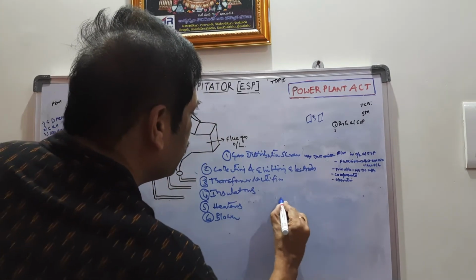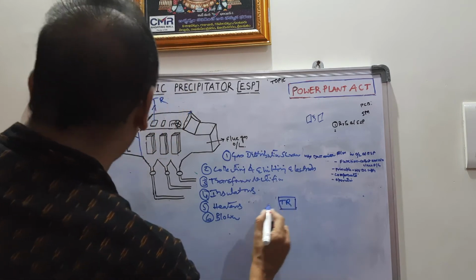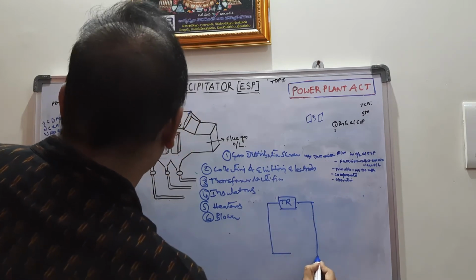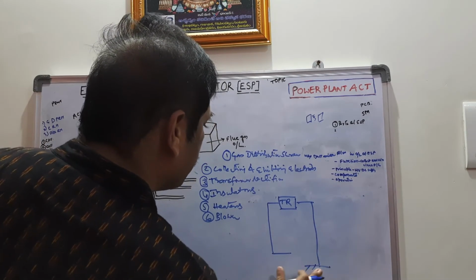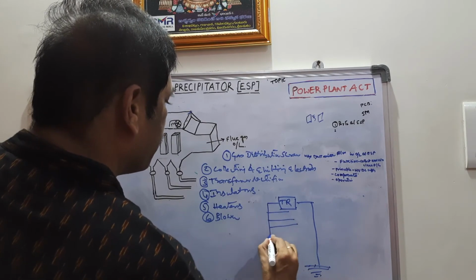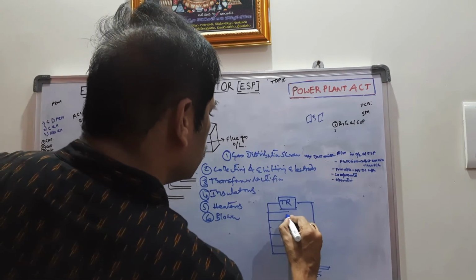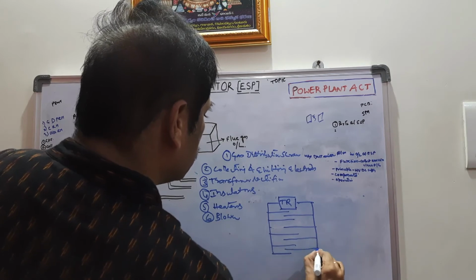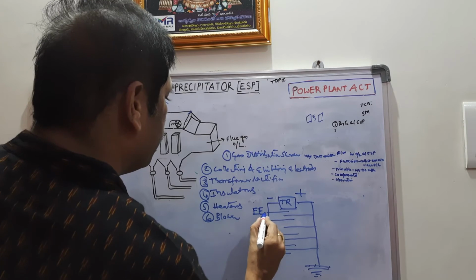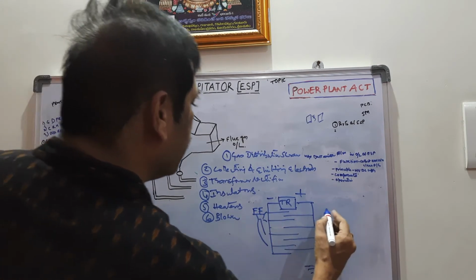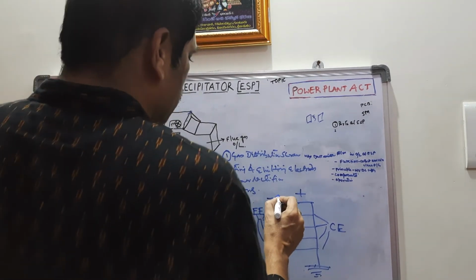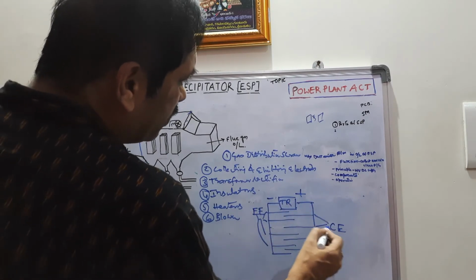This is a transformer rectifier. The negative charge is given to the emitting electrodes and the positive charge is provided to the collecting electrodes.